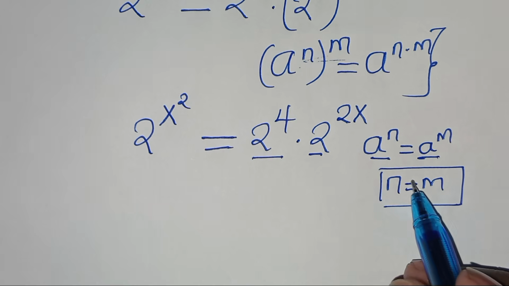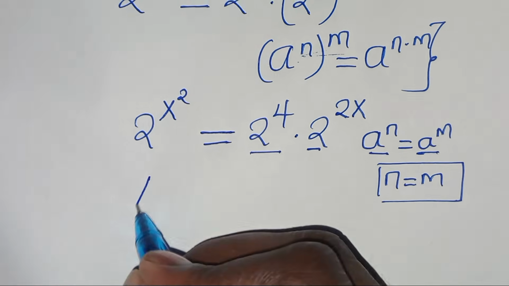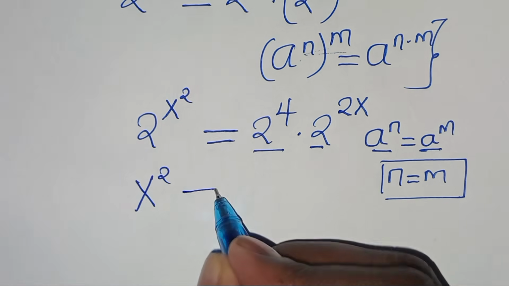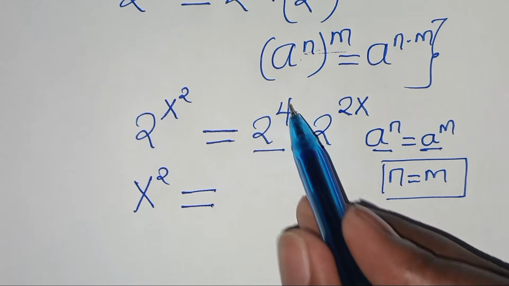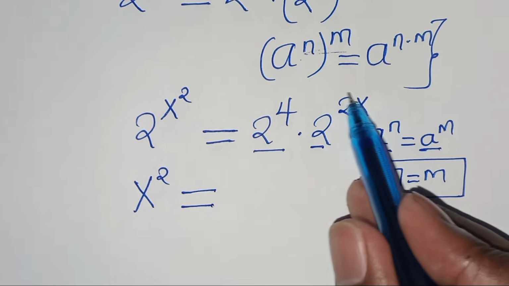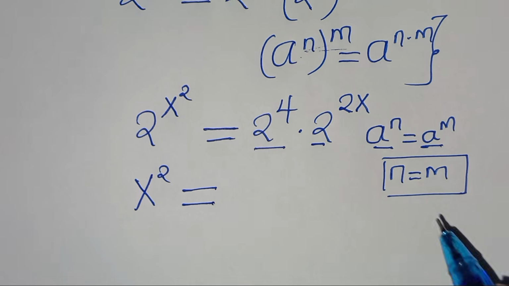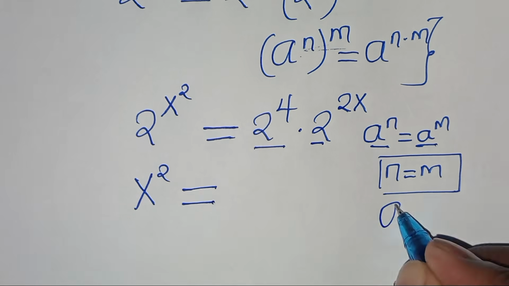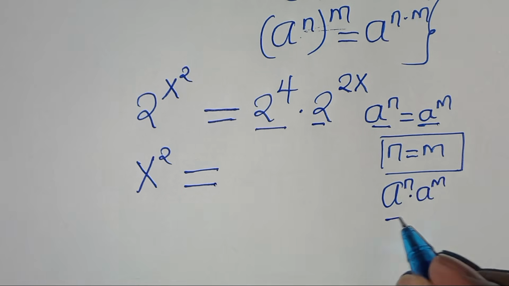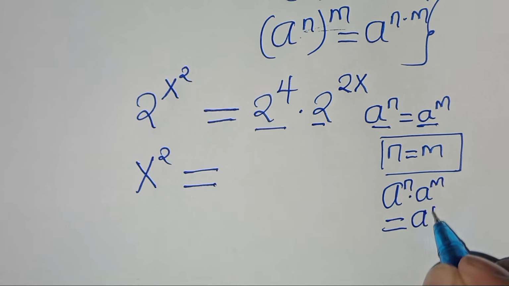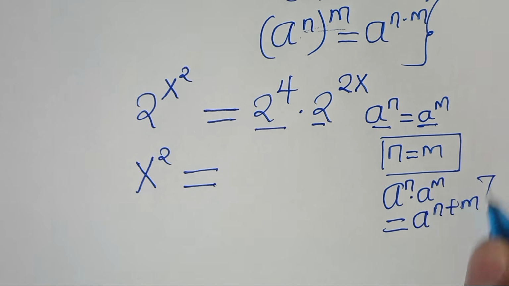Applying this exponent property, we have x to the power of 2 equal to 2 to the power of 4 times 2 to the power of 2x. This means that we have a to the power of n times a to the power of m, which can be expressed as a to the power of n plus m.